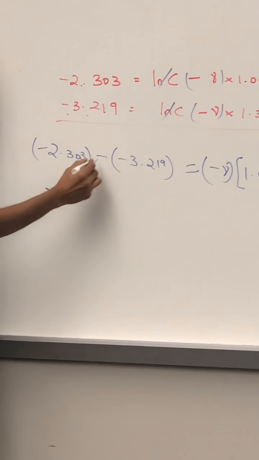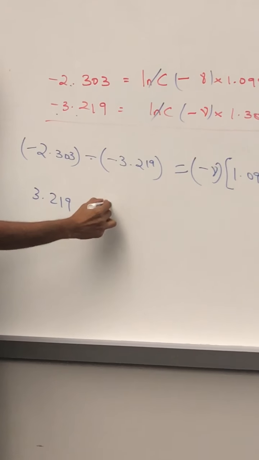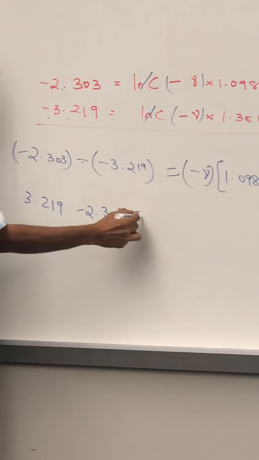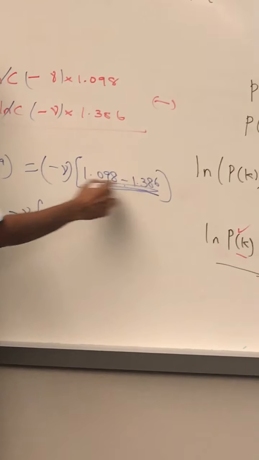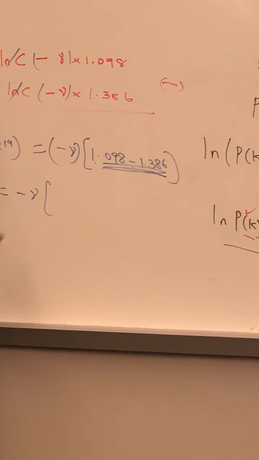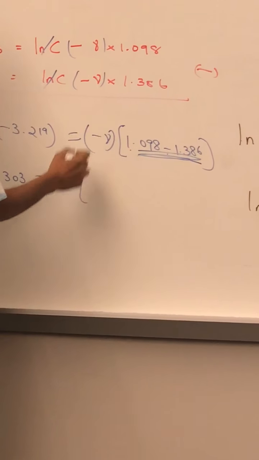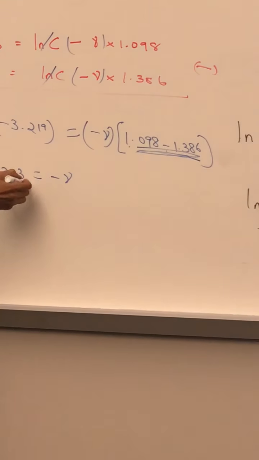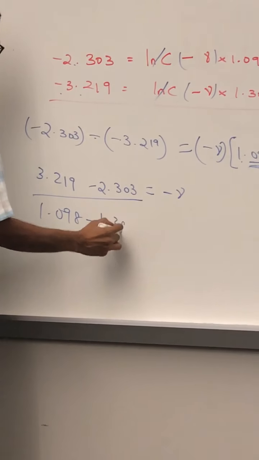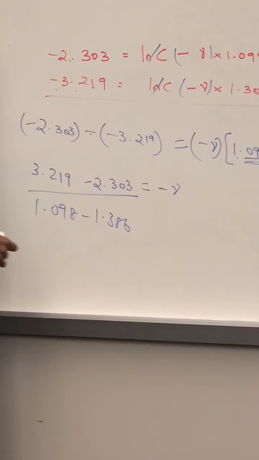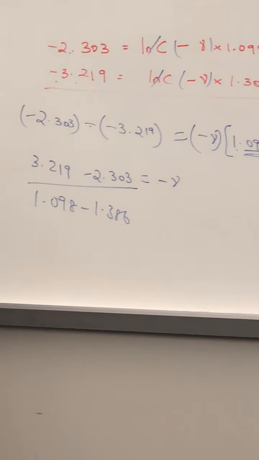So it is minus plus 3.219 minus 2.303 equals minus gamma times whatever is this. So this is going to be, so I think you can do from here, right? So 1.098 minus 0.284, right? So if you solve for gamma, it is going to be 3.18.